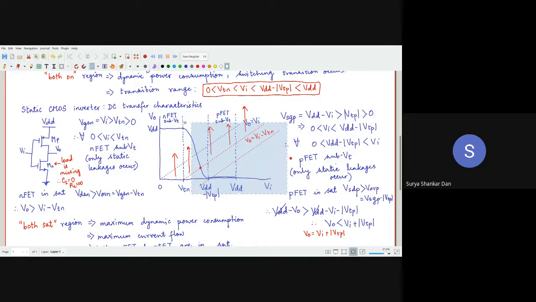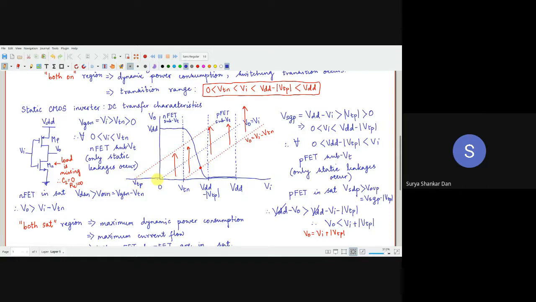What is the x-intercept for this? VI will be equal to minus VTP, right? So let us say roughly like that. What I'm trying to tell you is this. Suppose I'm drawing like that, I'll simply put VTP, because VTP is anyway negative, right?